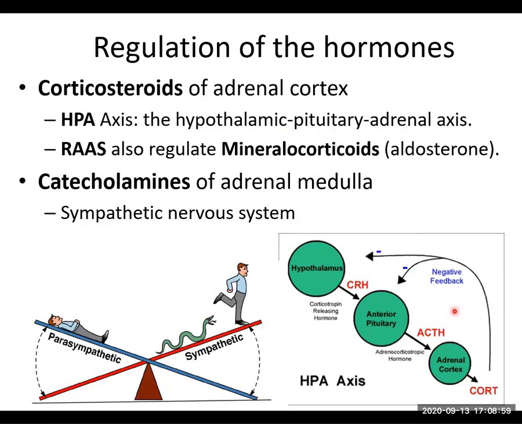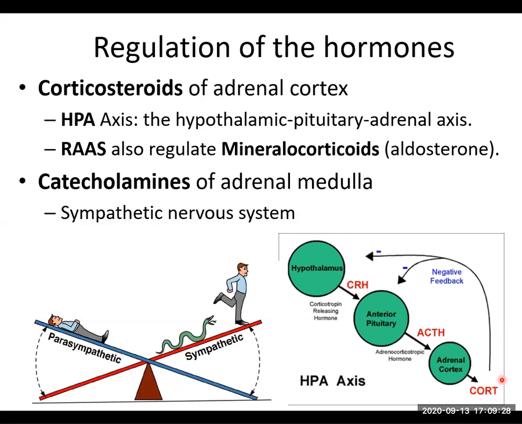So this brings us back to our last lecture talking about the hypothalamus and pituitary hormones. The anterior pituitary produces the ACTH, and that production is due to the hypothalamus producing the CRH. And ACTH will then flow in the blood and act on the adrenal cortex. And it will produce the corticosteroids.